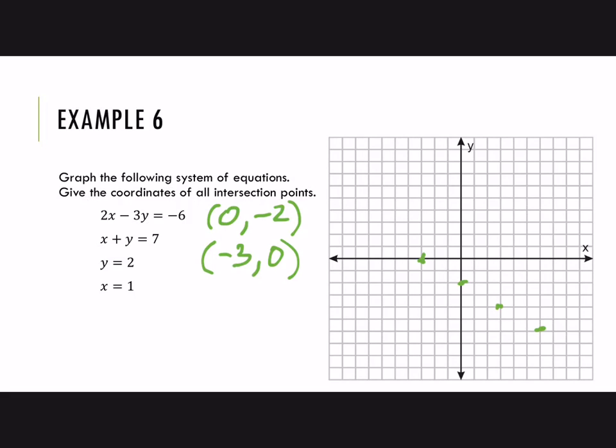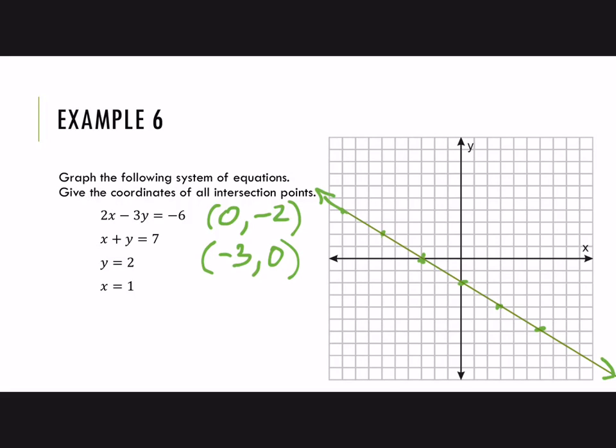I could also go up 2 and back 3, going this way to the left along the line, and find a few more. Okay, so there's my line.